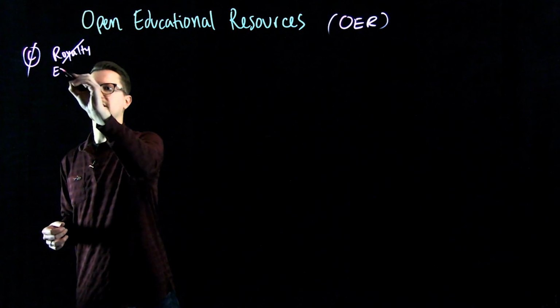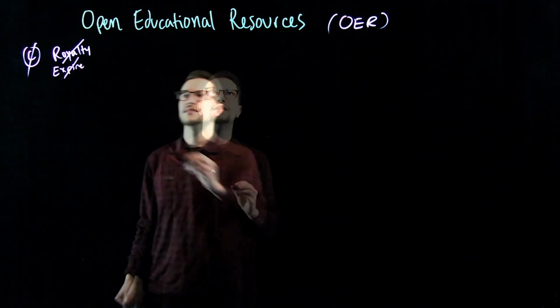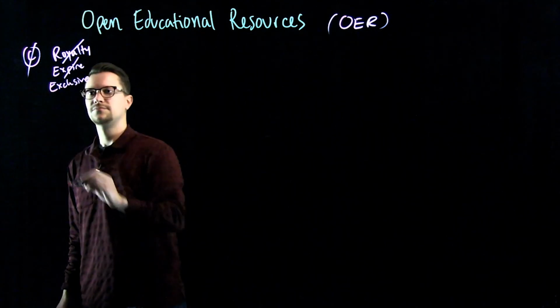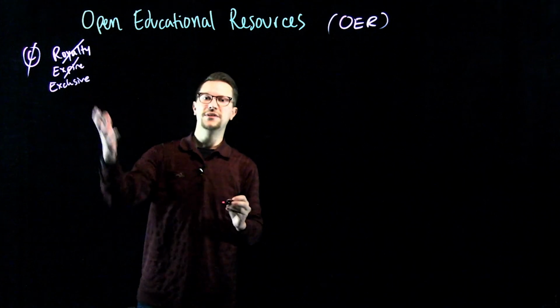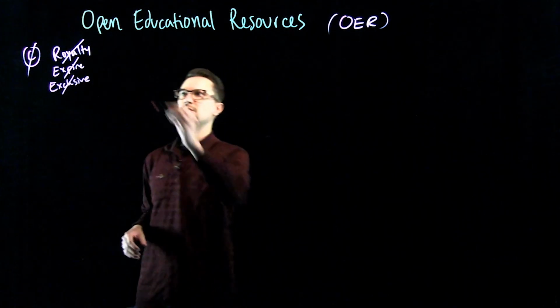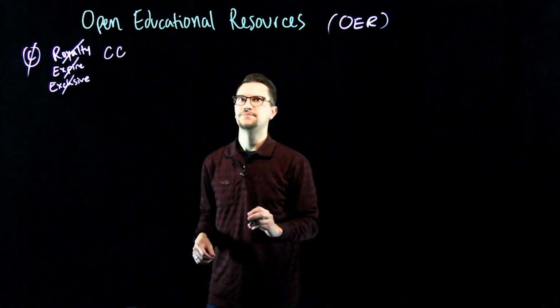It doesn't expire in the way that a copyright does, and it's not exclusive, meaning that it's open to everyone. An example of an open license would be Creative Commons, which we'll talk about again in a second.